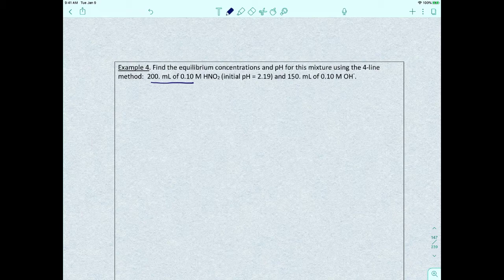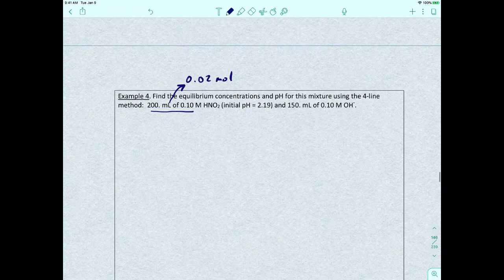Keep in mind that when you multiply 0.2 liters times 0.1 molar, that should give you 0.02 moles. And if we do the same calculation again, 0.150 liters times 0.10 moles per liter, that should give you 0.015 moles of the base.